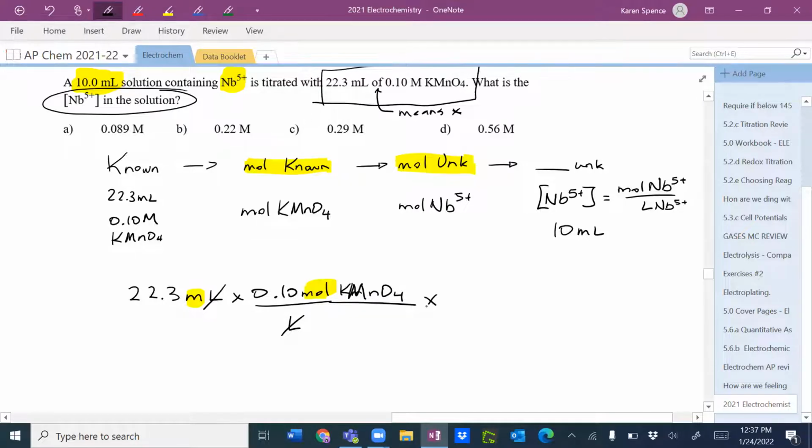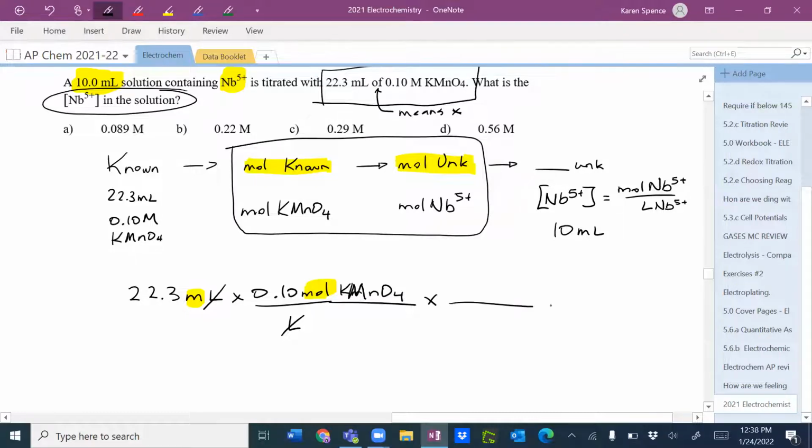Okay, and then we want to go from moles of one substance to moles of another substance, and that's going to use our mole ratio. And so we have to go up to the equation, find the moles of KMnO4 for the moles of Nb5+.